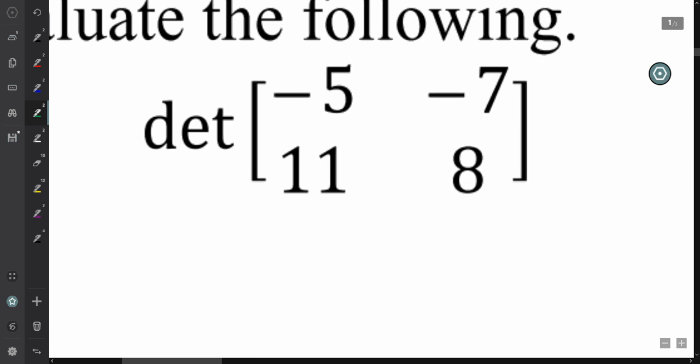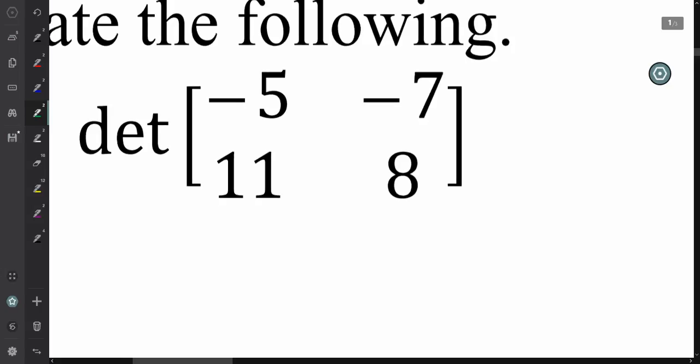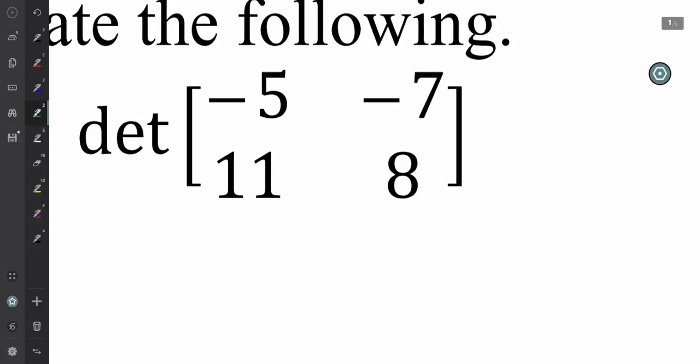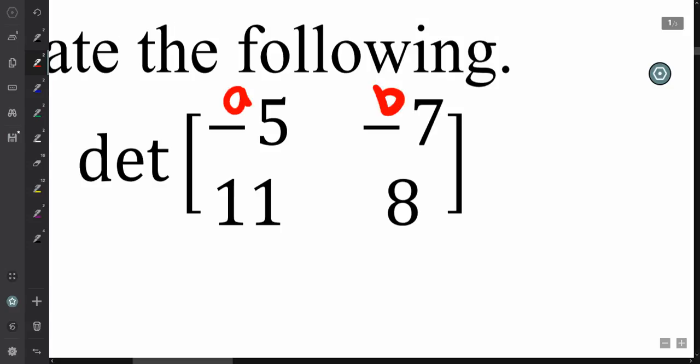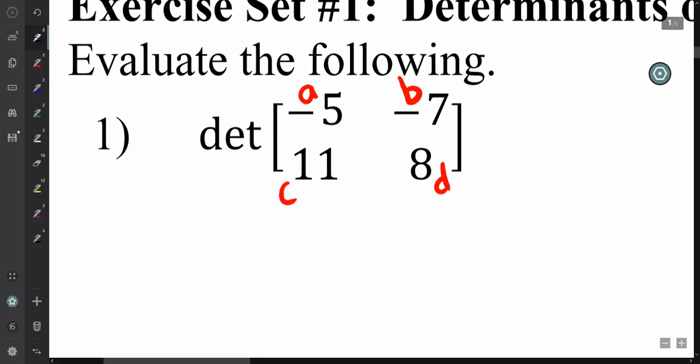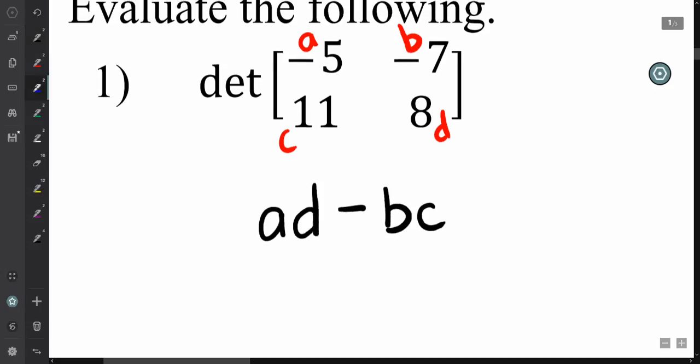So when I'm asked to find the determinant of the matrix -5, -7, 11, 8, the first thing I'm going to do is label what's my A, what's my B, what's my C, and what's my D. Then I'm going to follow the formula, which is take A times D, subtract the product of B times C. So I have -5 times 8.